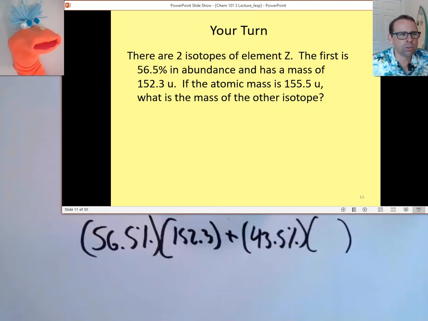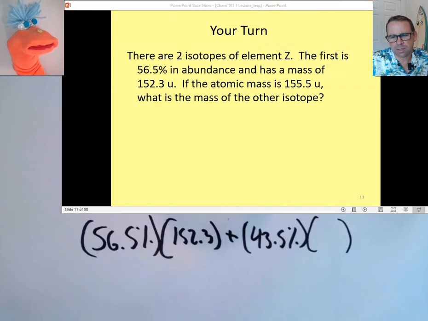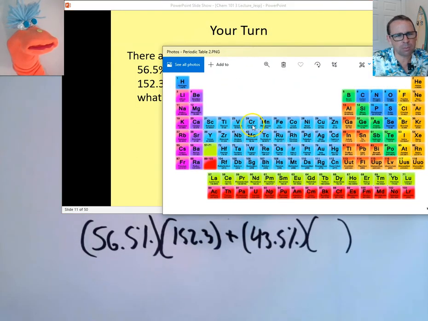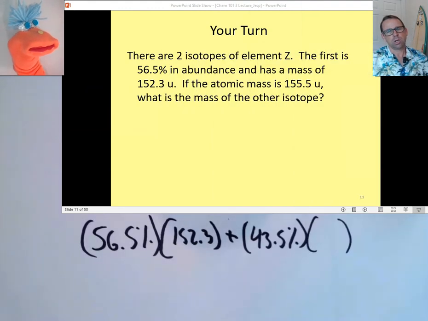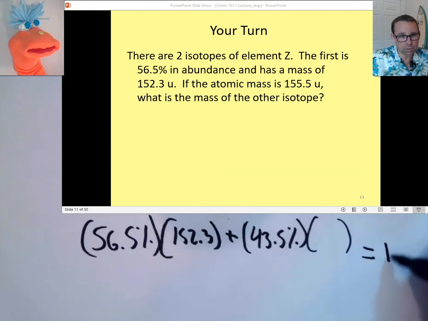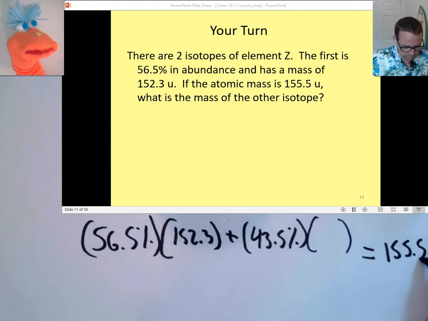Well, what's 155.5? What does the atomic mass mean? That 155.5 is this number right here, right? The bottom number. Not for chromium, but just for whatever element it's talking about. So that is the average mass. So that is what this whole thing equals, 155.5.